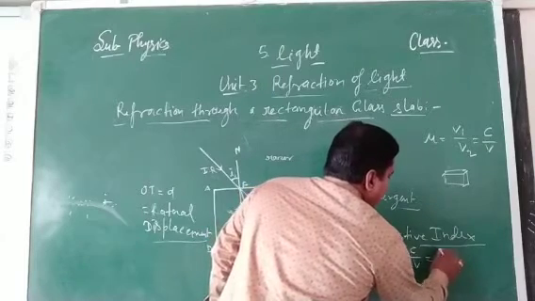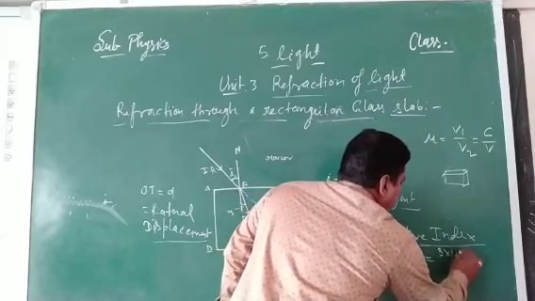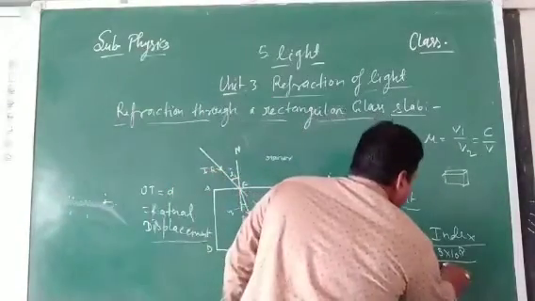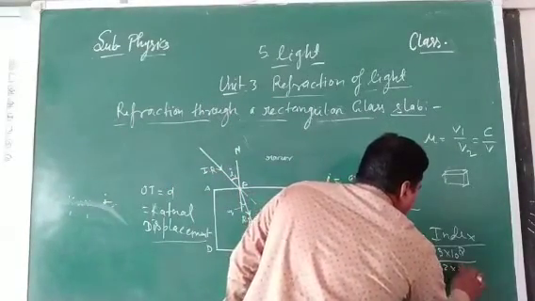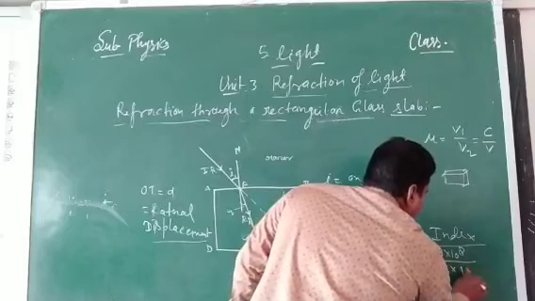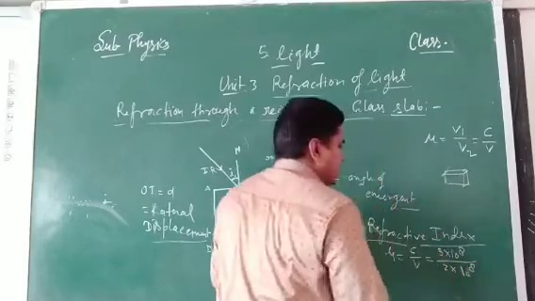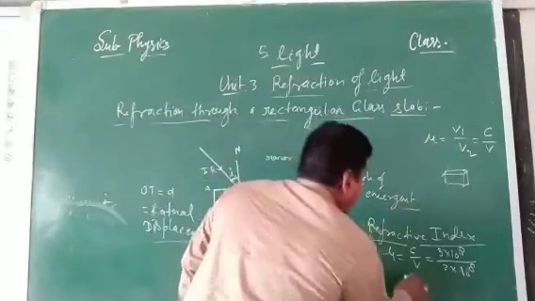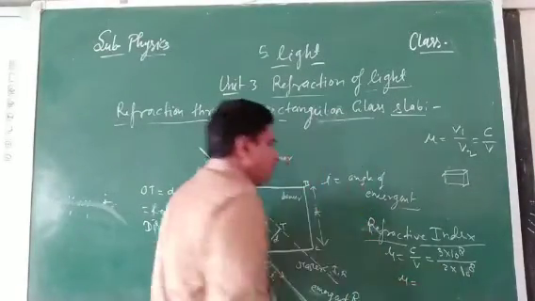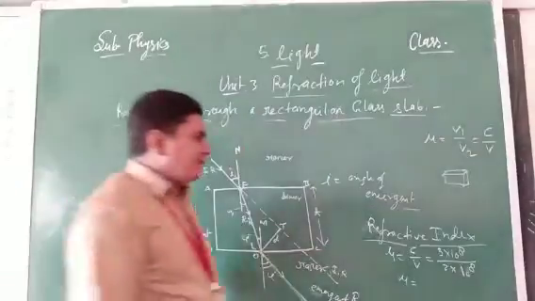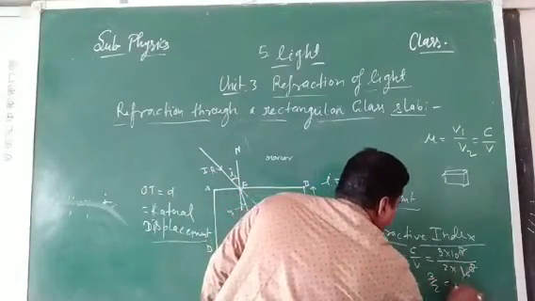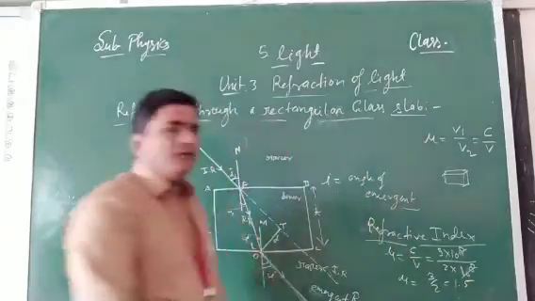You know the speed of light in air or vacuum is 3 into 10 to the power 8, and the speed of light in glass is suppose given as 2 into 10 to the power 8 meter per second. So what is the refractive index of glass with respect to air? This cancels out: 3 by 2, or 1.5.